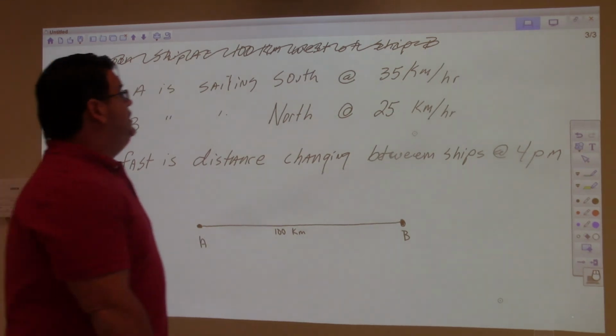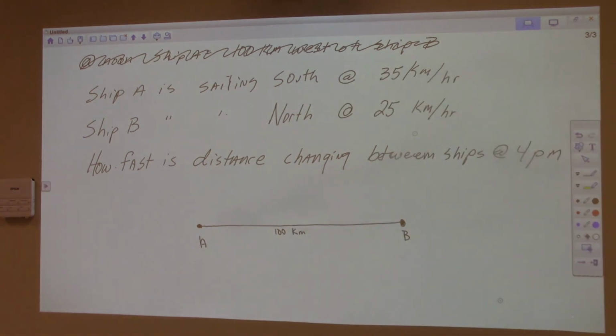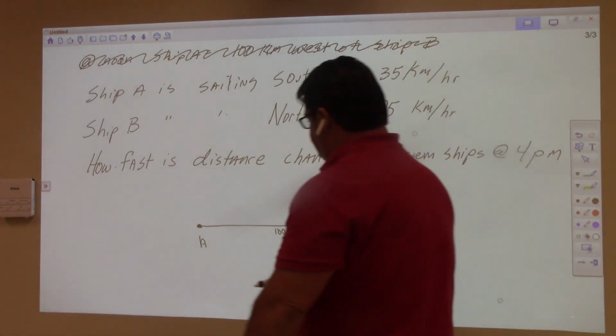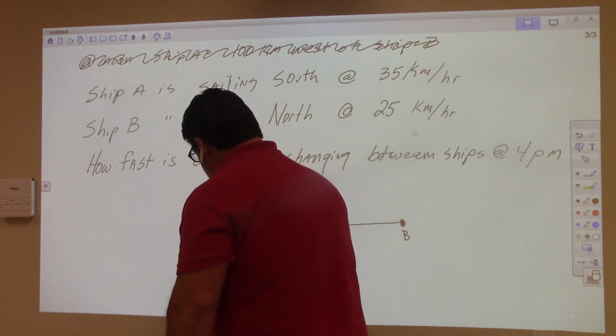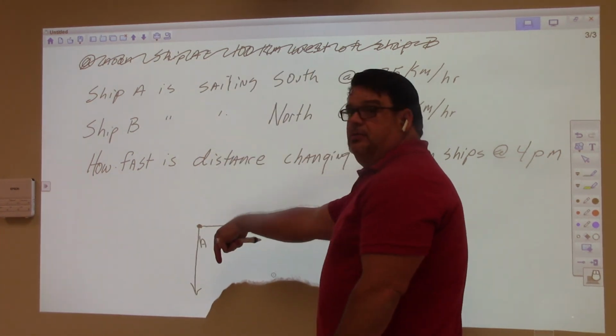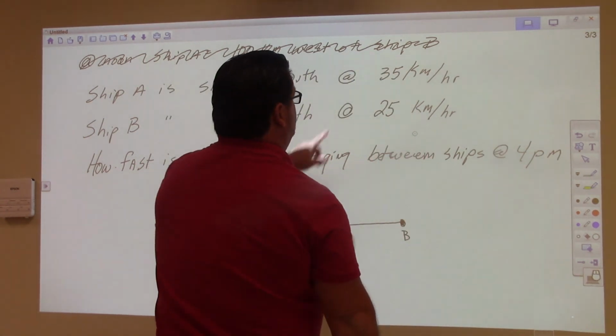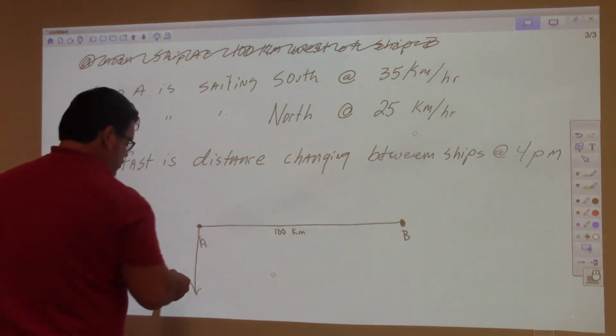So here's ship B, 100 kilometers west. Ship A is sailing south. If this is west, then what is south? 35 kilometers per hour.